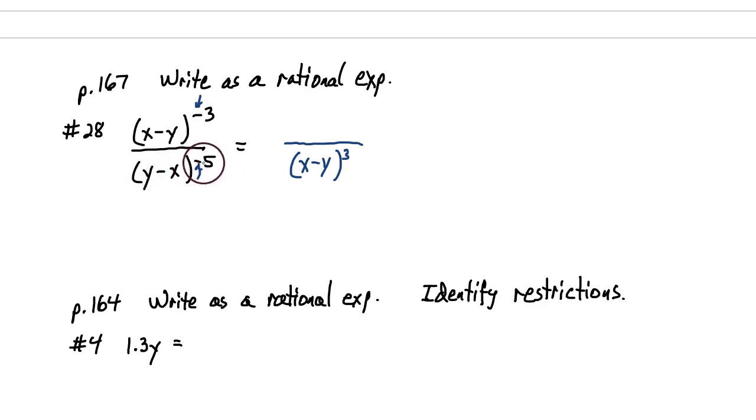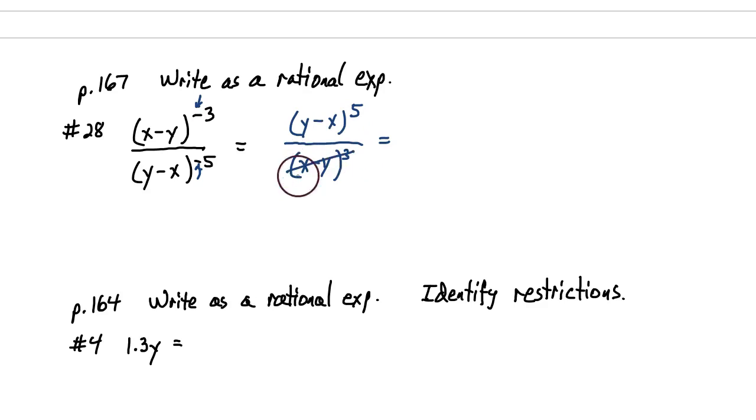The y minus x to the negative 5 will move into the top and now have a positive exponent. Do these match each other where we can do some reducing? They don't, but they are inverses of each other, which we've had several times. So we can do some reducing, but we're left with negative 1, not positive 1, when we cancel them.